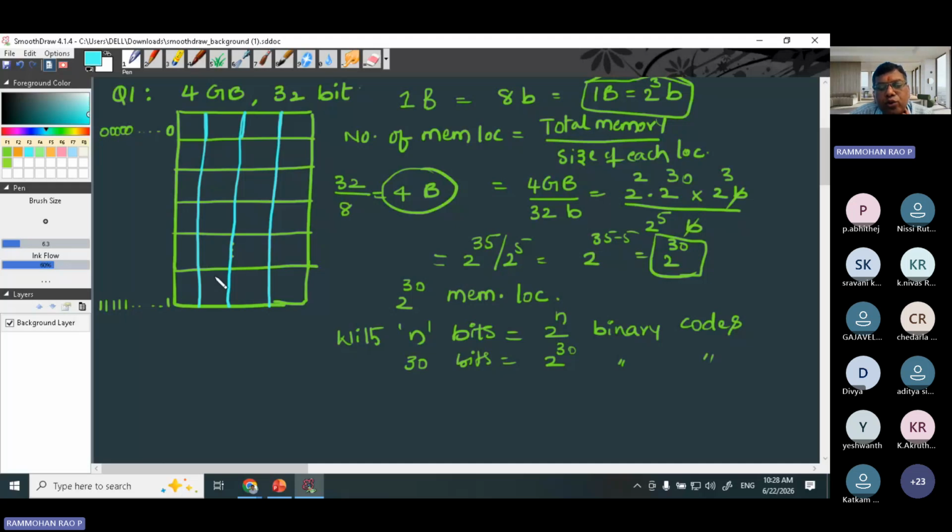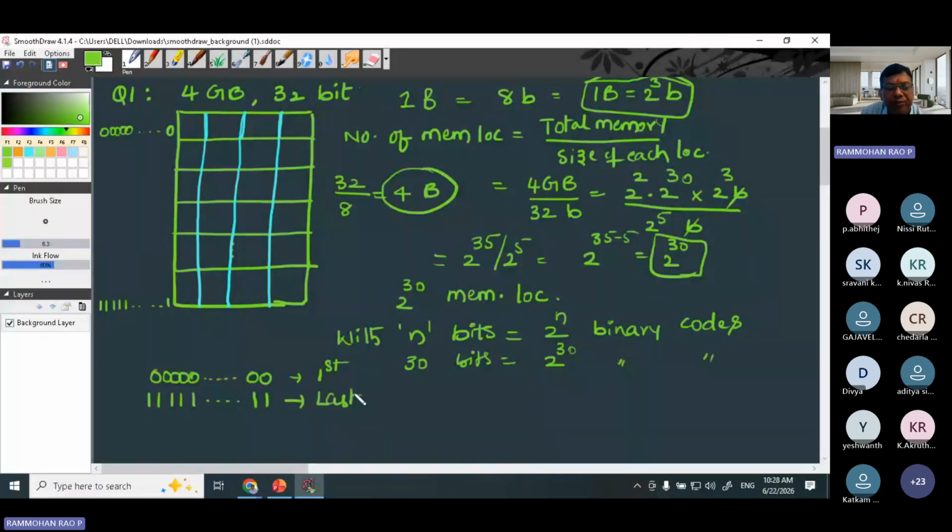So if you use this 30-bit binary address, where can you reach? If I say 30 zeros, 30 zeros represent which memory location? First memory location. 30 ones represent which memory location? The last memory location.